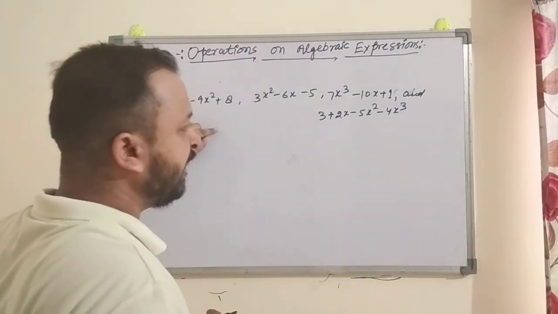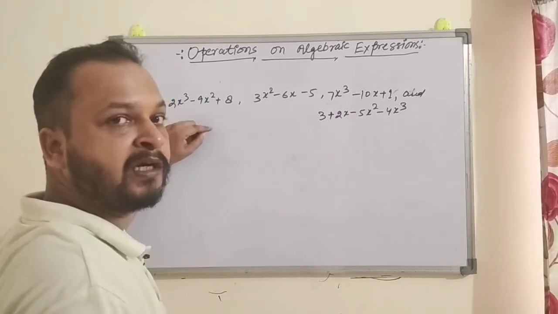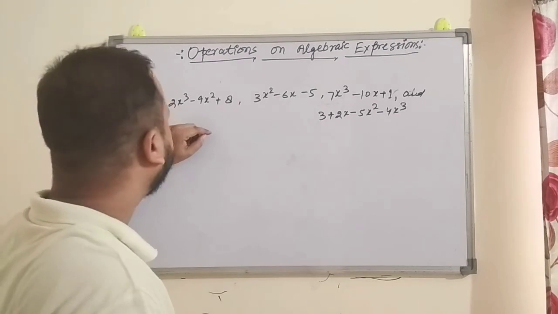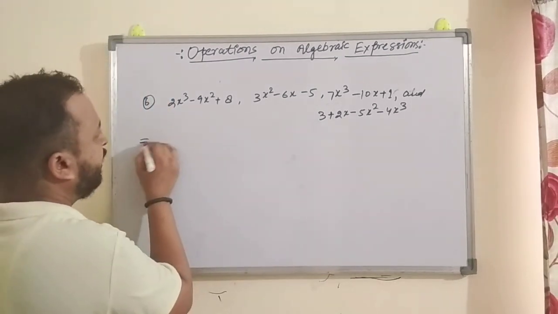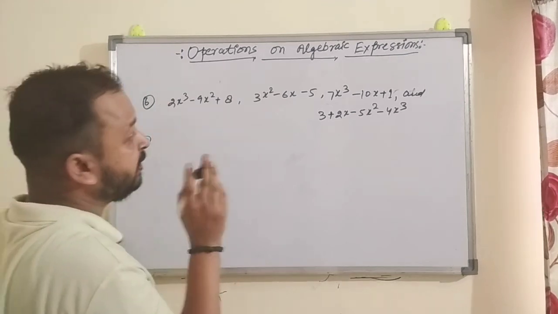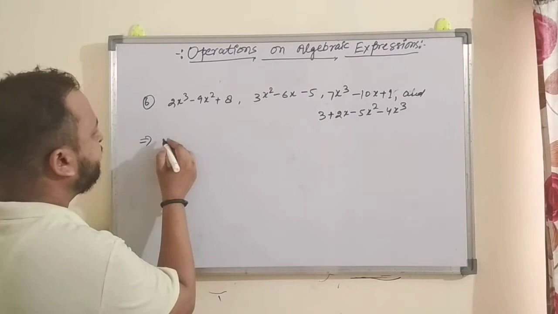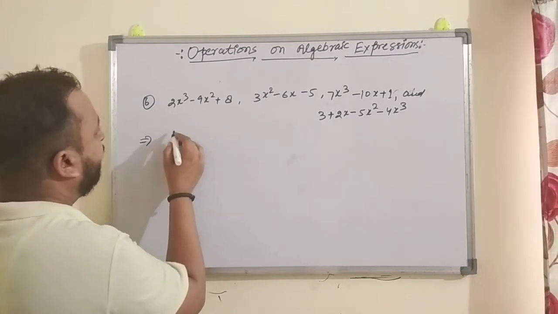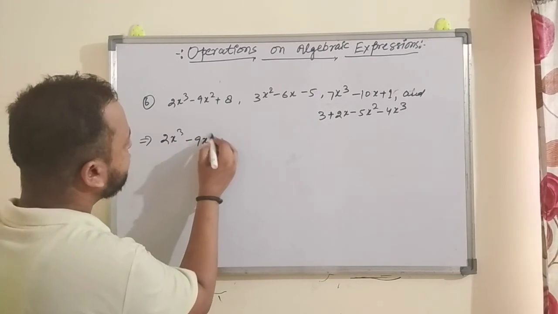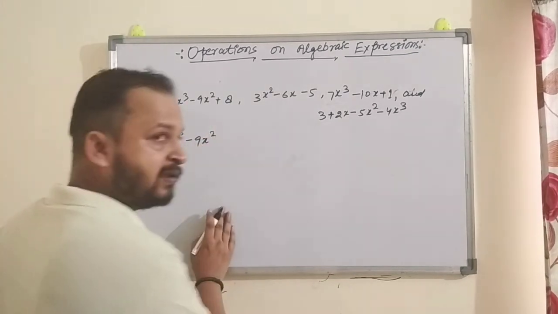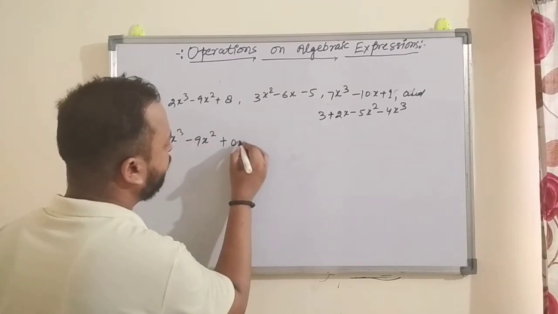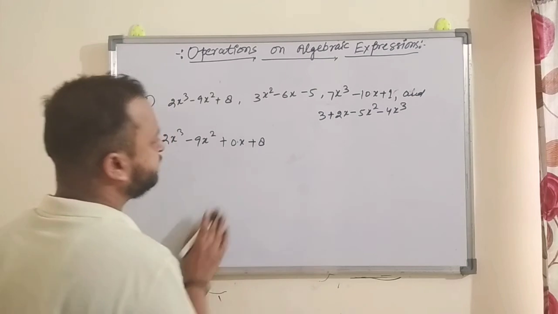So first, we have to arrange them in the descending order of their powers, and write those terms with coefficient 0 which are not present here. So we'll look carefully. 2x cube minus 9x square, here the x term is not there, so I'm writing it as 0 into x plus 8.